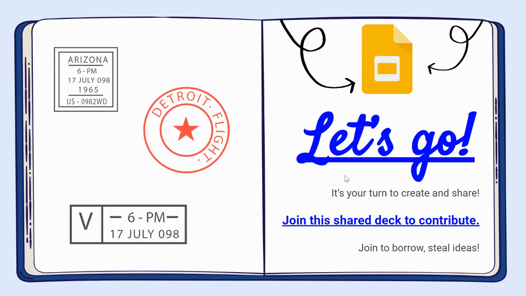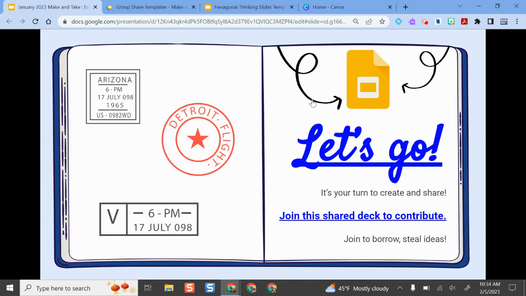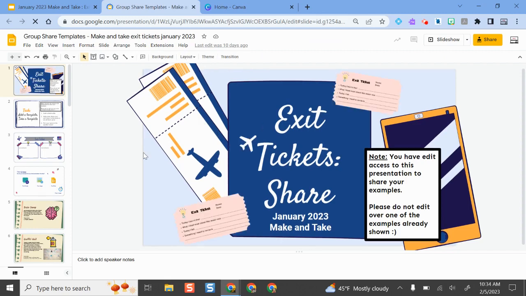So now that we've looked at some of those templates and hopefully you feel pretty inspired, we can start building. So the link that is on my deck here is an example of a place where you can go and get ideas and where I would love for you to add your own example into this slide deck. So this slide deck is not the same one that we were just in.